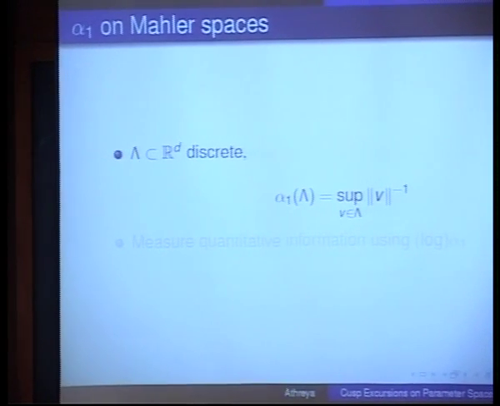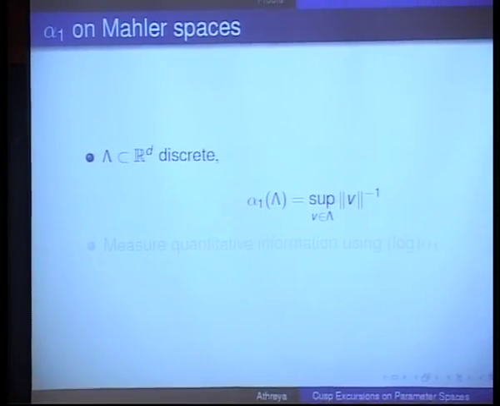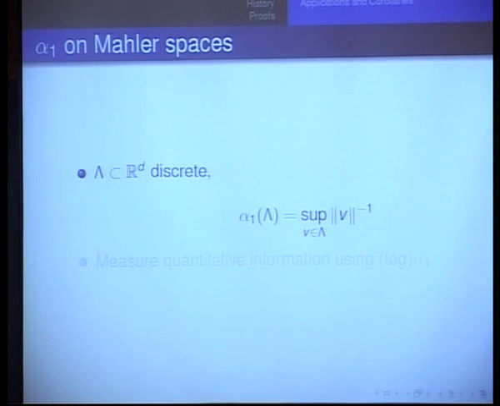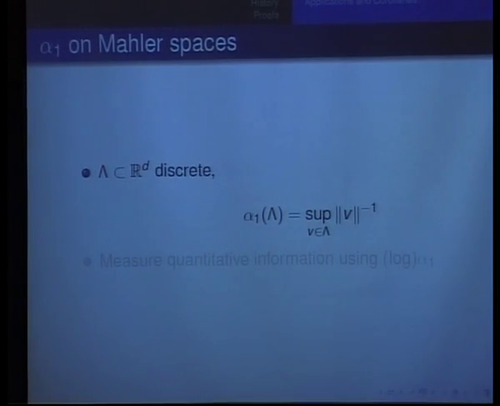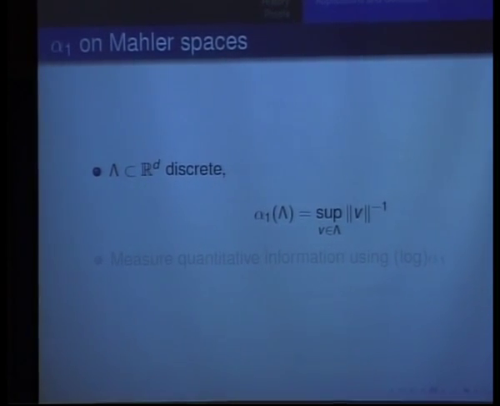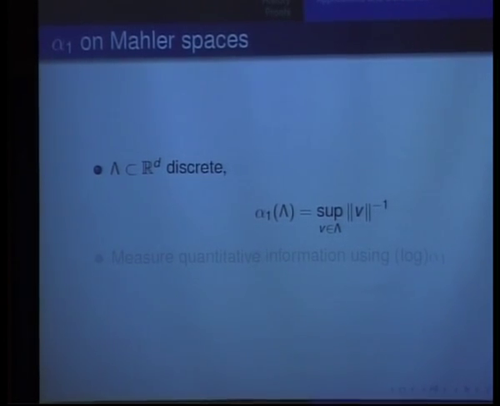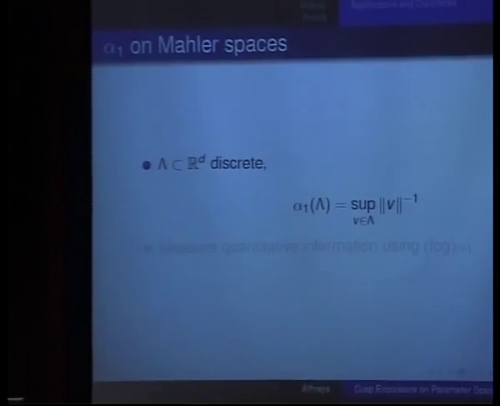Now, for any discrete set, avoiding 0, that is, in R to the d minus 0, I define alpha 1 to be the supremum of norm of v to the minus 1. I don't want this to be infinite. I define alpha 1 of the discrete set to be 1 over the length of the shortest vector.